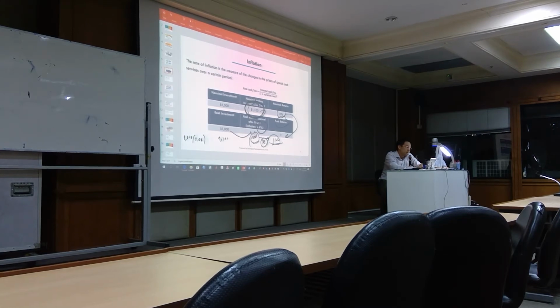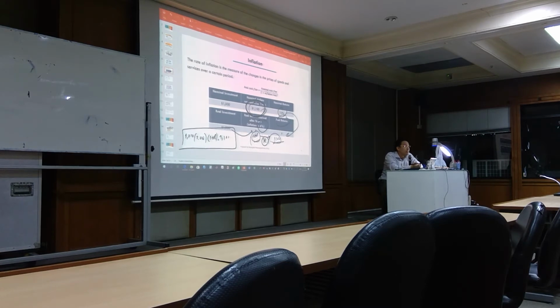But because your final wealth is 1,100, your real return is going to be 1 plus R star, that you need to calculate from this equation, okay? Because your initial investment is 1,000, and if inflation is equal to 6%, then 1,000 increased by 6% will leave you the same wealth, the same spending power.